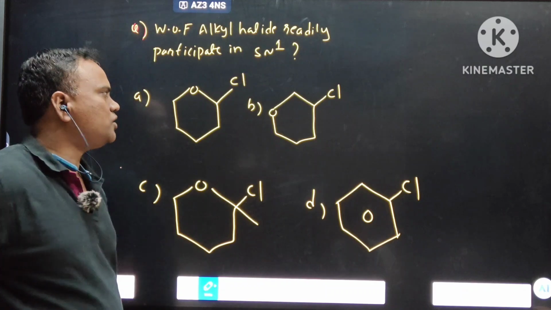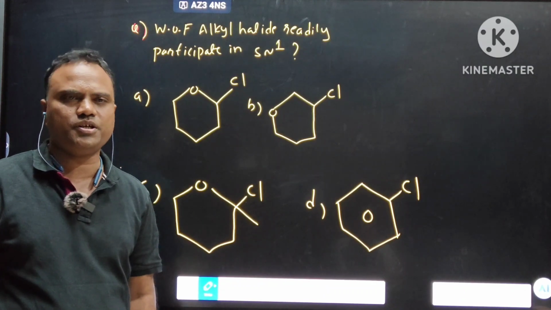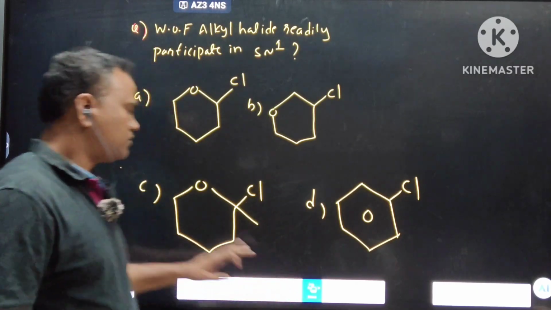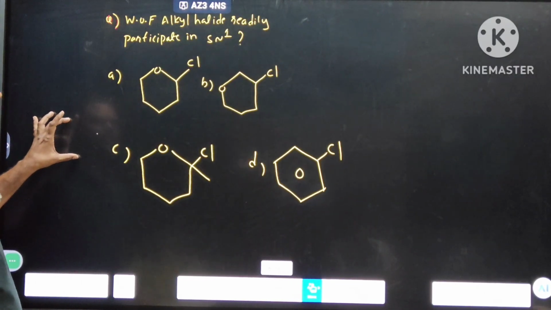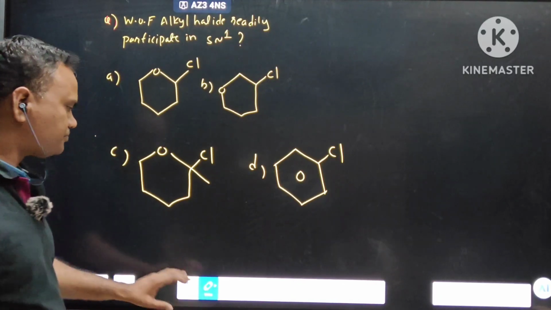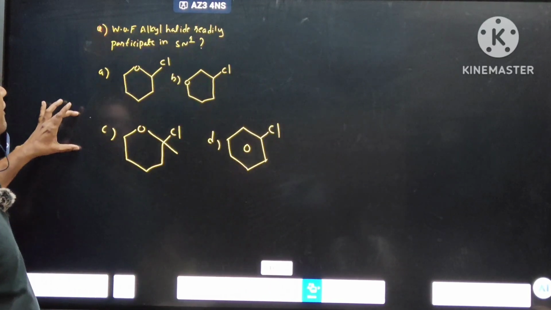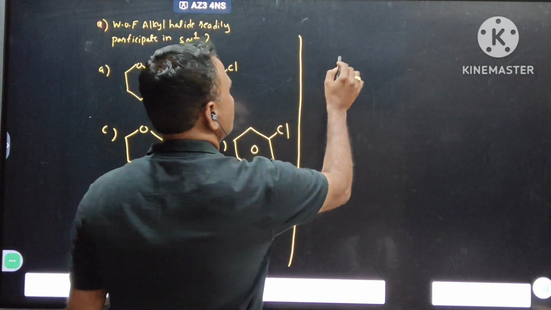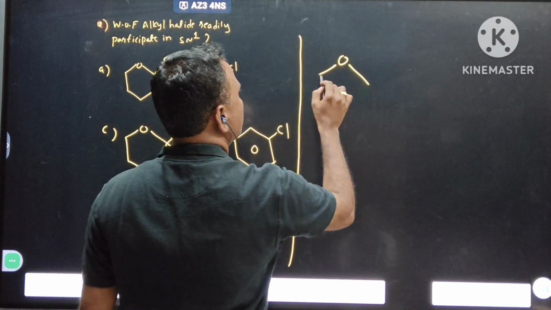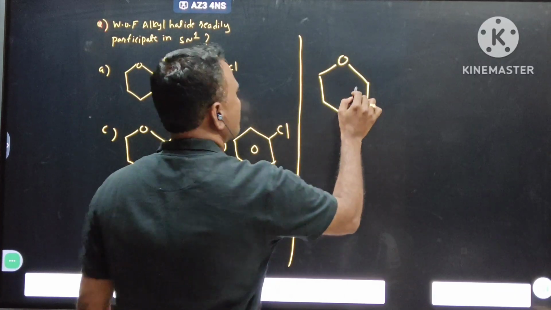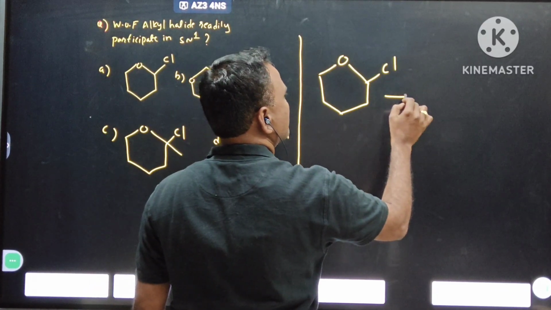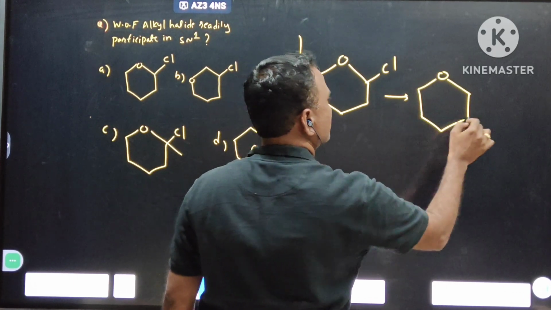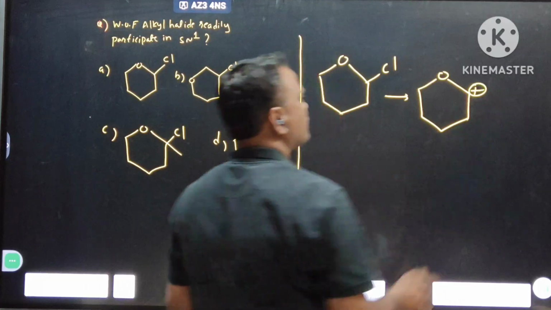What I have given to you, first what you have to do is remove the halogen and observe the stability order. Remove halogen and observe the stability. You follow this trick. I am removing the halogen from the first alkyl halide, giving a positive charge.